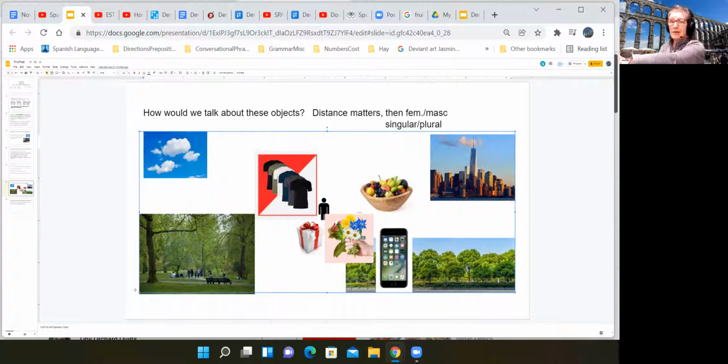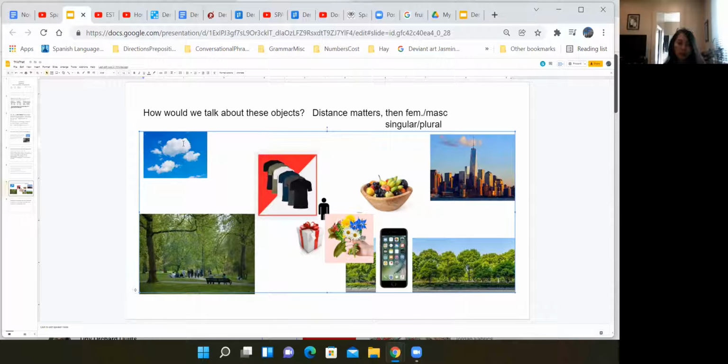You got the little ones, the tall ones, they're off there. Aquellos edificios. Okay. Let's talk about parque, el parque. Ese parque. Ese parque might be aquel parque. Maybe, ese parque, it looks like he can kind of see it from where he is.